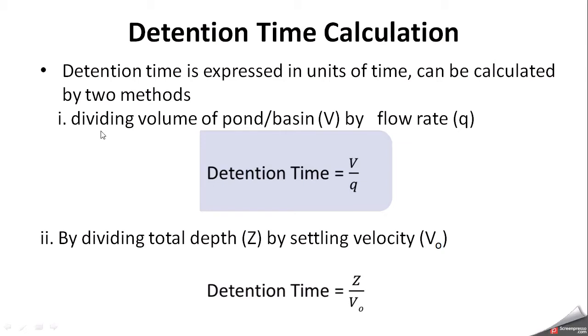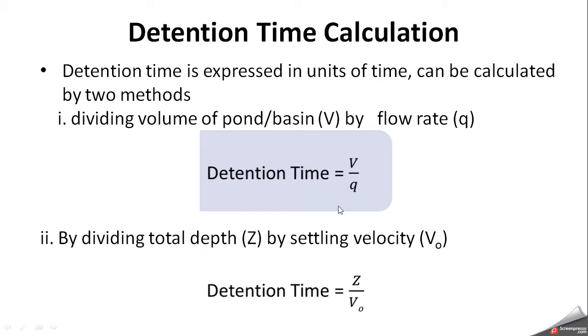Number one, dividing the volume of a pond or basin by the flow rate. If we have a specific volume of a pond and we know the flow rate, the inward and outward flow rate, then we can calculate the detention time by dividing the volume of the tank by its flow rate. The second method is dividing the total depth Z by the settling velocity V0.